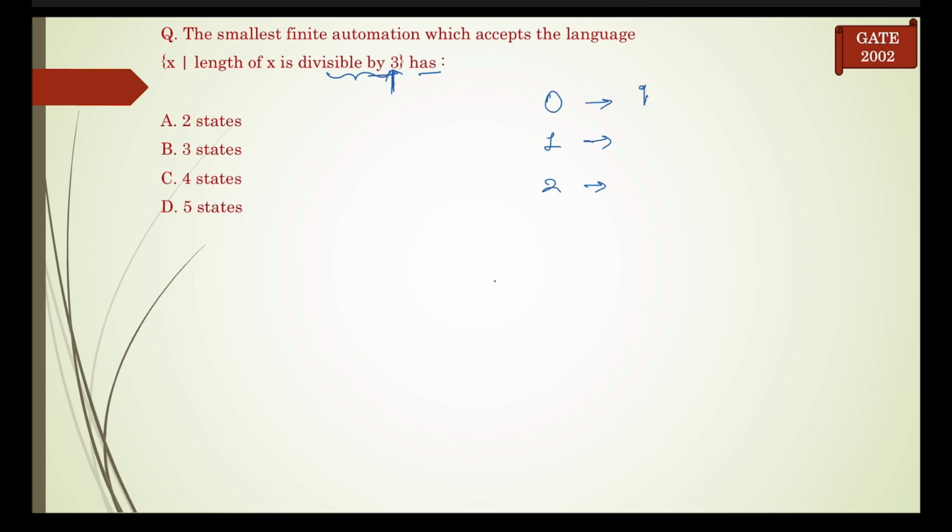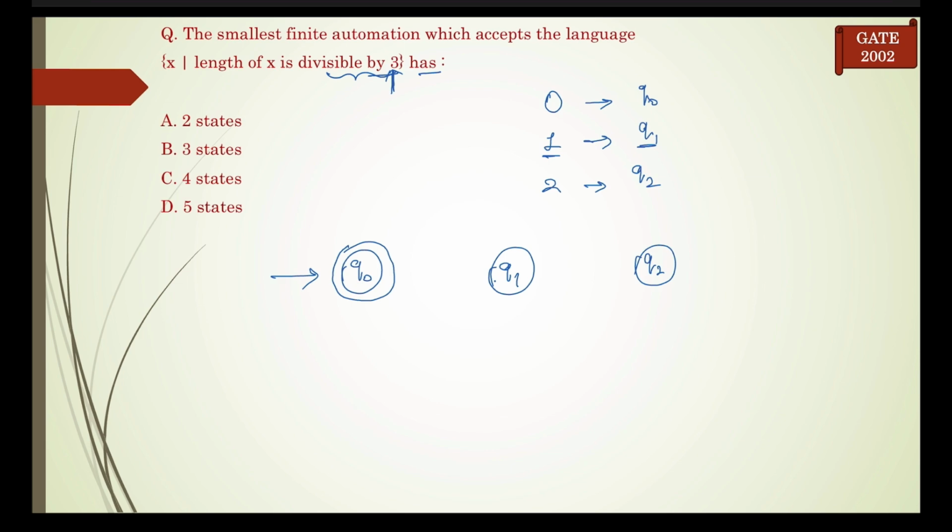Suppose we took Q0 to represent 0 remainder, Q1 to represent 1 remainder, and Q2 to represent 2 remainder. So these are the 3 states. Whenever you get the 0 remainder, you can say the given number is divisible by 3. And this is showing the remainder 1.